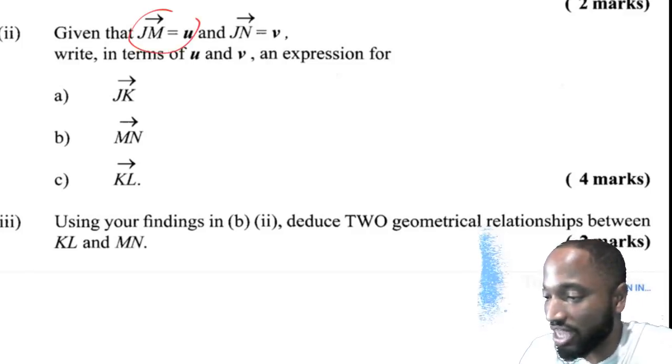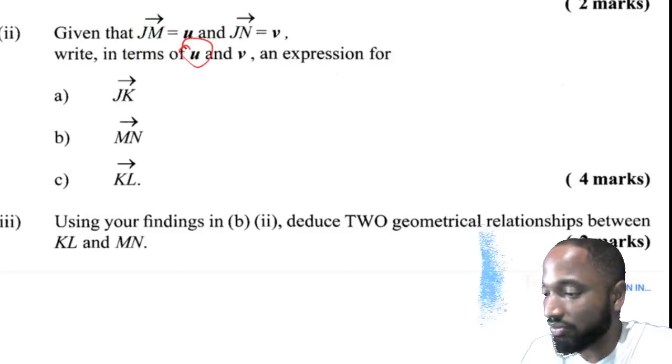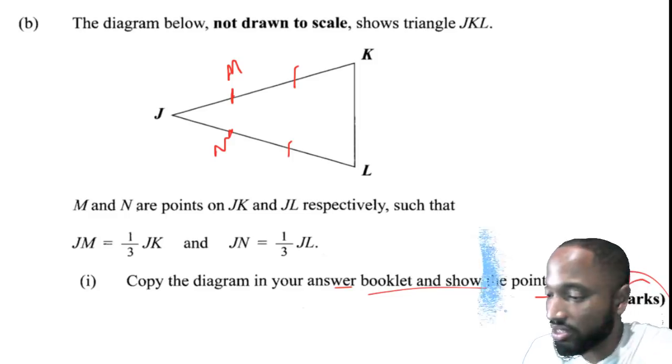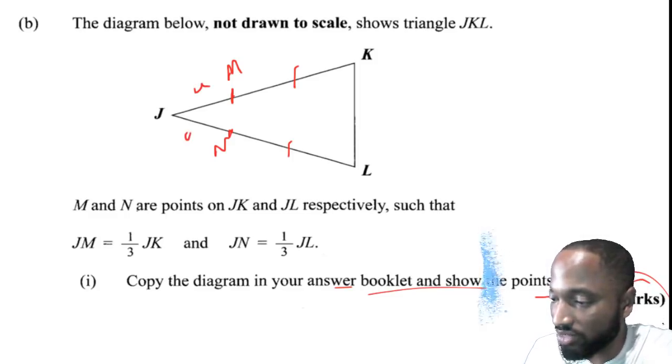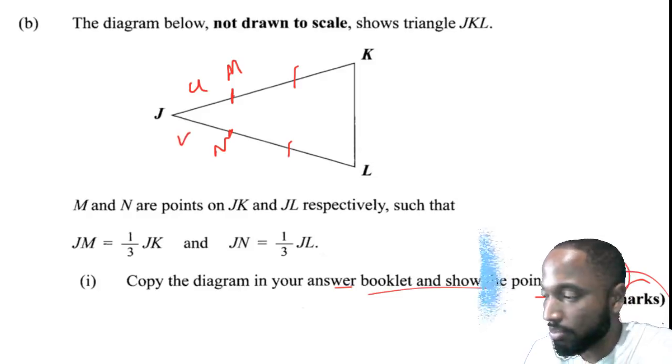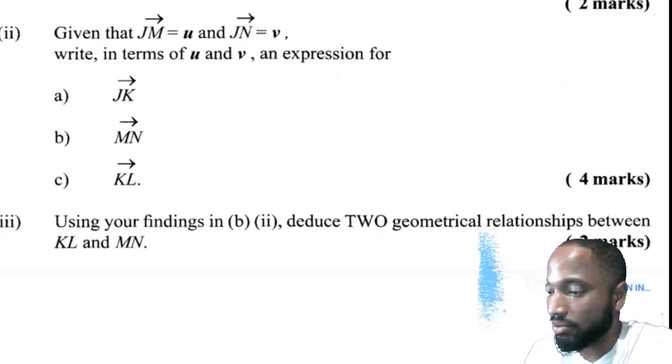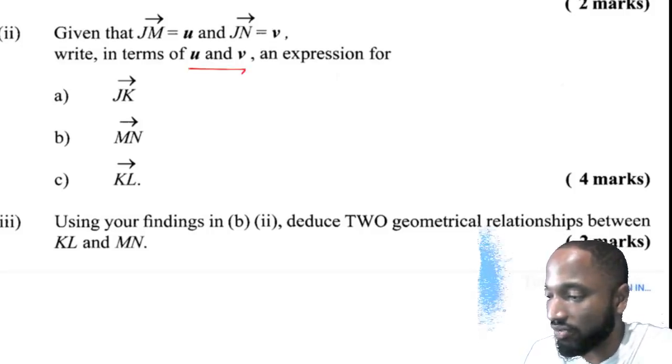Right, so given JM is equal to u and JN is equal to v, in terms of u and v, find an expression for JK, MN, KL. Right, so we need to set JM to u and JN to v. So this is u and this is v. Now, in terms of u and v, an expression for JK.